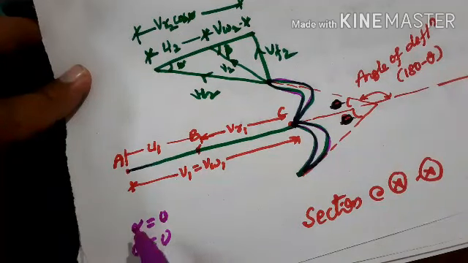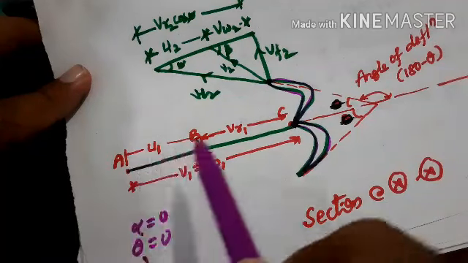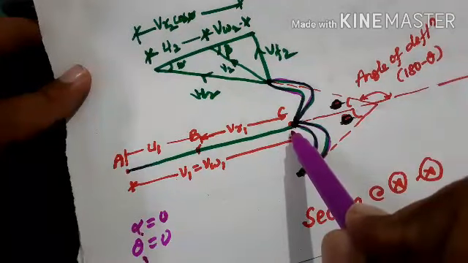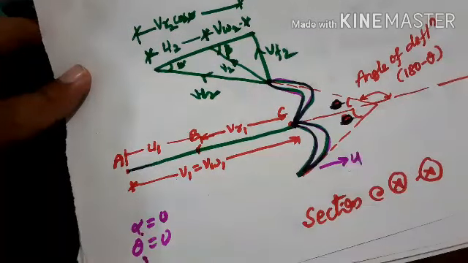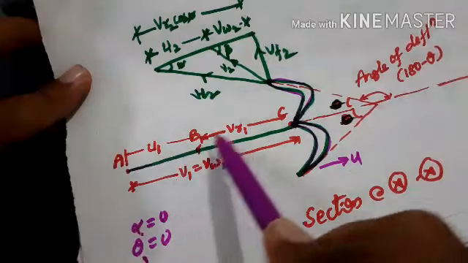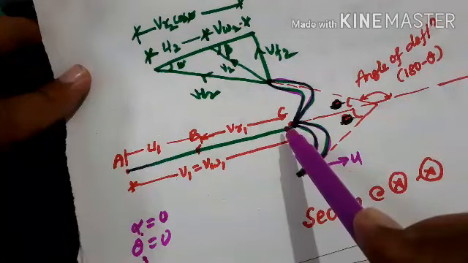Alpha is the angle made by the nozzle, and theta is the angle made by the relative velocity. Since the jet is striking the blade tangentially in the direction of motion of vane, hence alpha equal to 0 and theta equal to 0.